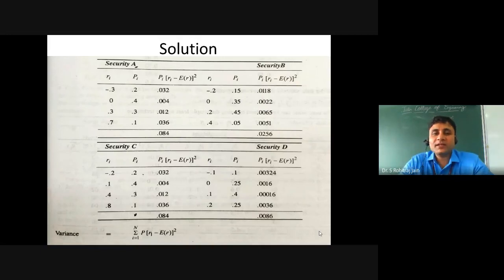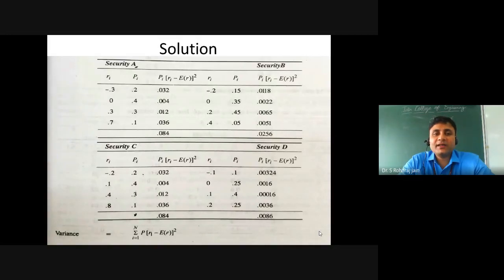Done. Similarly, what do I do? R minus E of R. So R is how much? 0. Minus E of R, which is 0.1. That much squared, multiplied directly with the probability of the second row, that is 0.4.